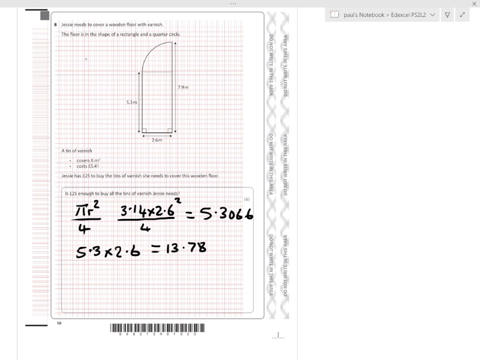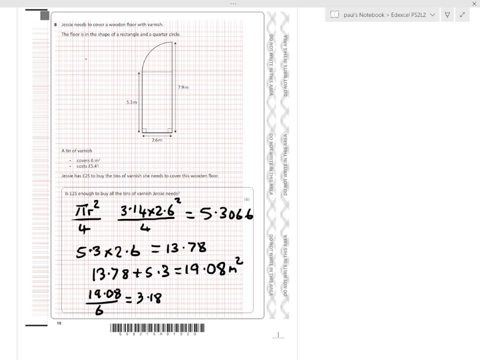So if I add 13.78 for the square bit plus the 5.3, that gives me 19.08. So there's the area of the whole shape. Now each tin covers 6, so then we do 19.08 divided by the 6 tins, which is 3.18.